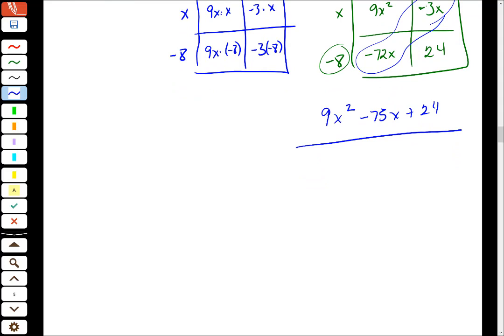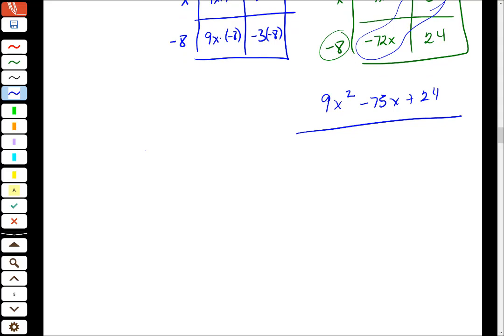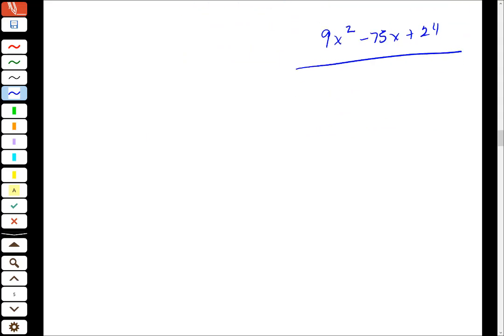The reason people like the box method, well, maybe before I do another one, I'm going to remind you of something. The thing you'll forget is problems like this, x plus 6 squared, you have to use FOIL or the box method. This is x plus 6 times x plus 6.